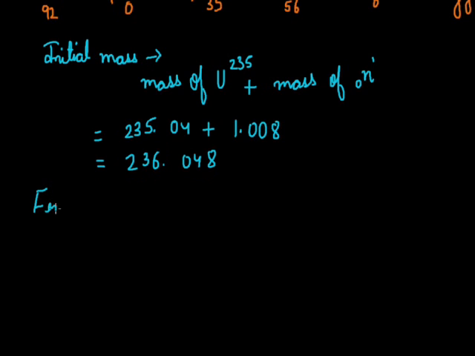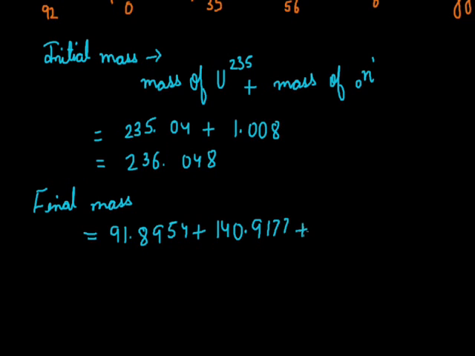Now the final mass. In the final mass, we will be adding up the mass of krypton, that is 91.8954, plus the mass of barium, that is 140.9177, plus 3 neutrons.